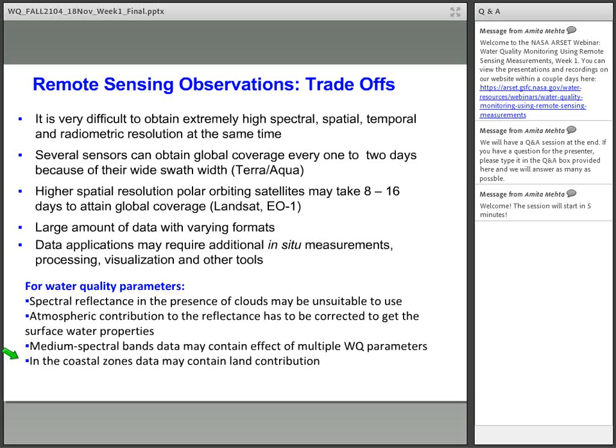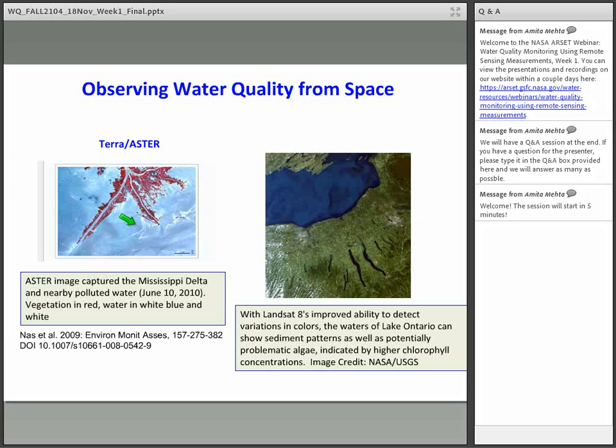Just looking at the image, one can see that blue and white is water, and red is vegetation. As soon as you look at the image of the delta, it's clear where water is polluted or where water has other substances in it that change the spectrum. So this is a Terra ASTER image.